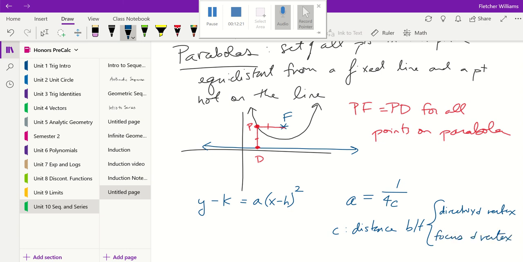So on our picture we have that this is C and this is C.